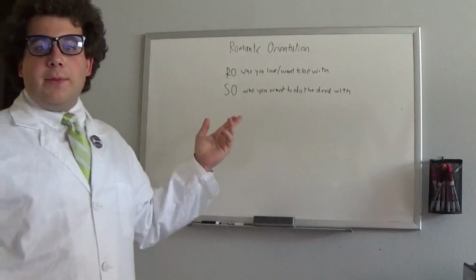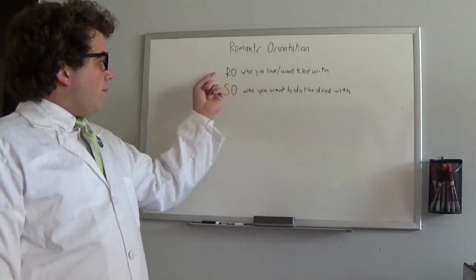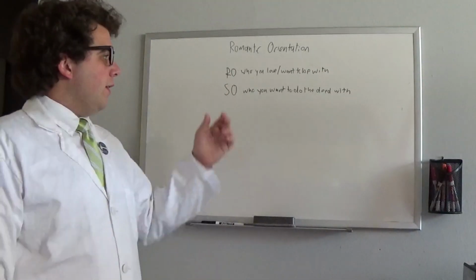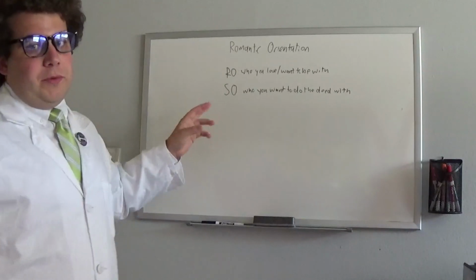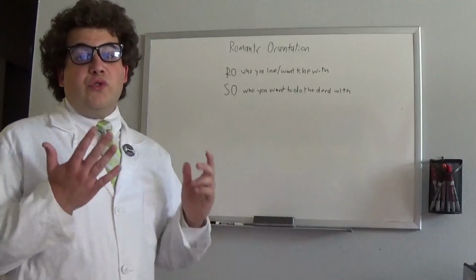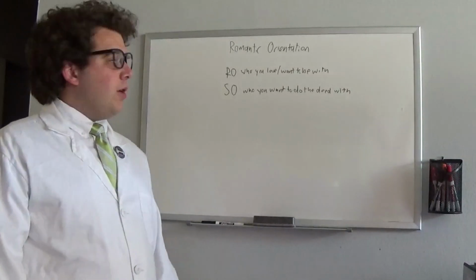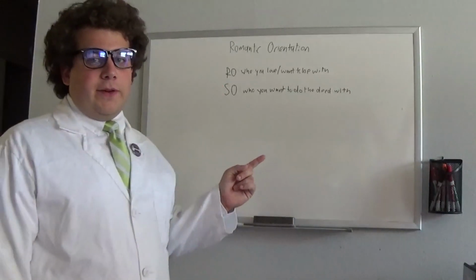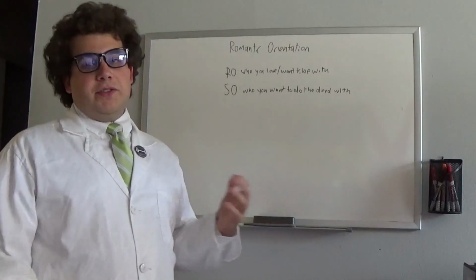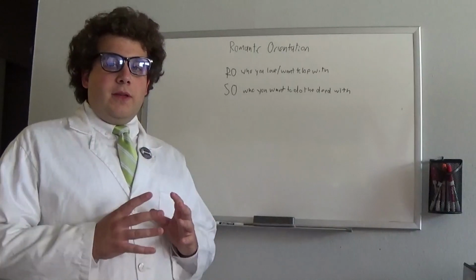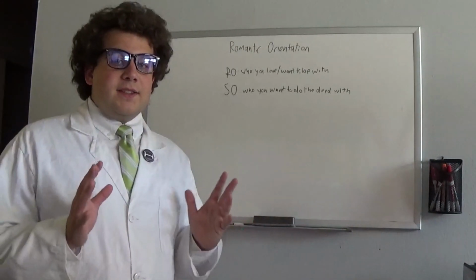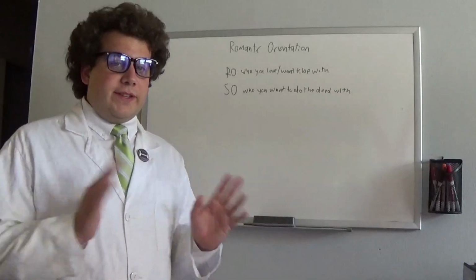So here I wrote up what each orientation in the simplest of terms really means. First, we already know sexual orientation. That means who you want to do the deed with, who you would like to have sex with. Romantic orientation is a little bit different. That's more of who you actually love and who you want to be with. That's more of the romantic and the dating or courtship side of a relationship rather than the sexual side.